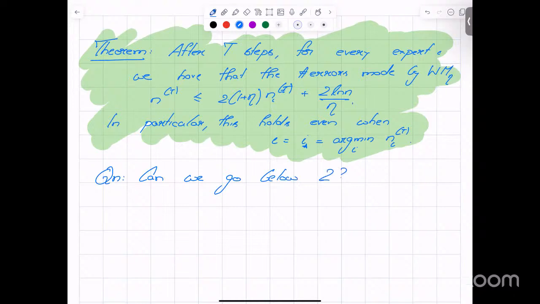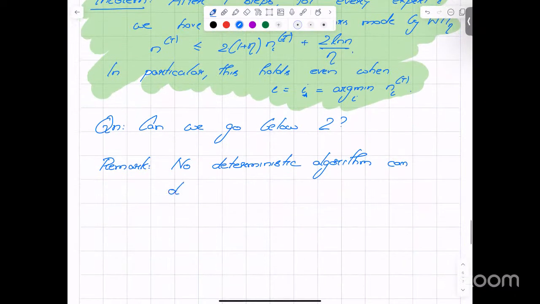And the remark is, no deterministic algorithm can obtain a multiplicative factor less than 2.